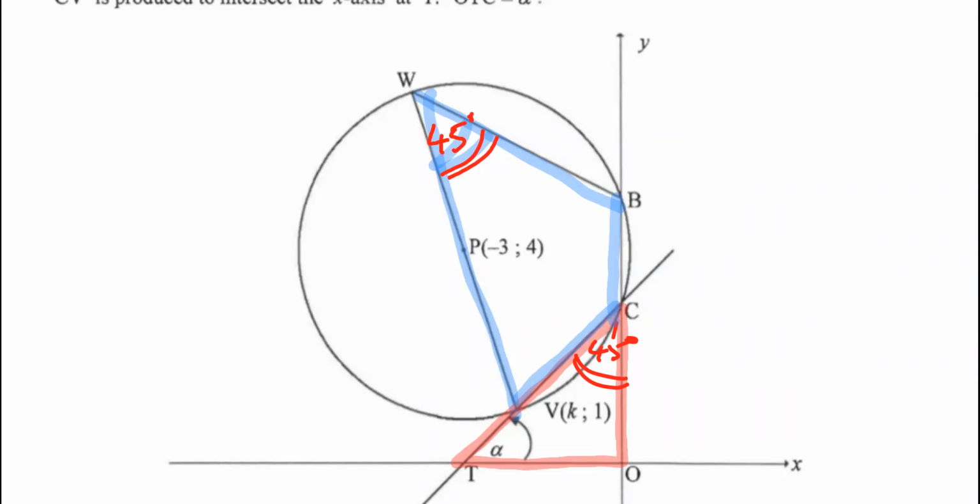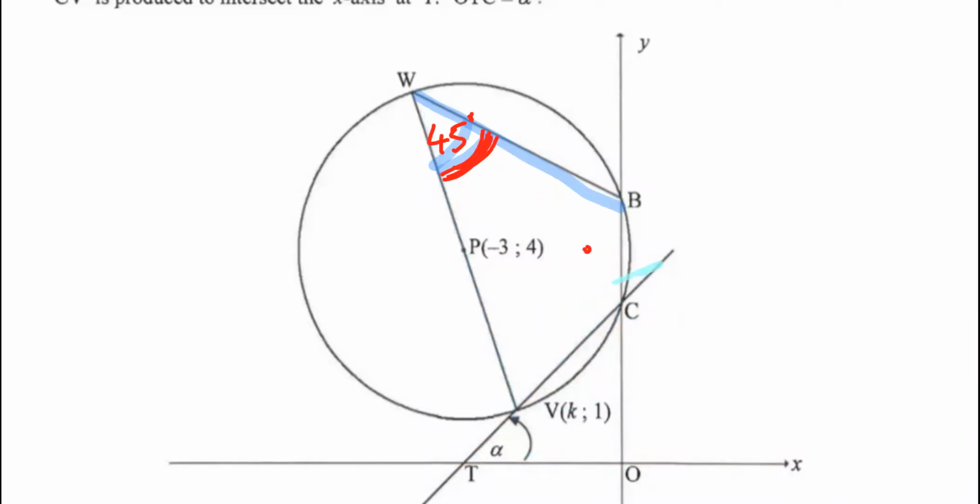Muhammad was even mentioning this angle here being also 45 degrees because it's vertically opposite. This one inside the cyclic quad will be 135 degrees because that's angles on a straight line. So you can see this angle here and the one that we had to calculate, those two are equal to 180 because opposite angles of a cyclic quad add up to 180.